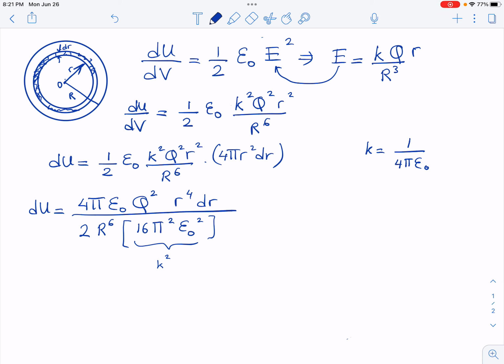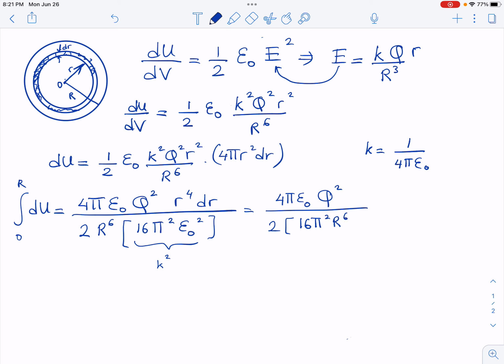Now we see that we need to integrate this from 0 to r. And you see the only integrand element is the r to the 4th dr. Actually I'm going to put r to the 6th inside, and you'll see why I'm doing that in a minute.